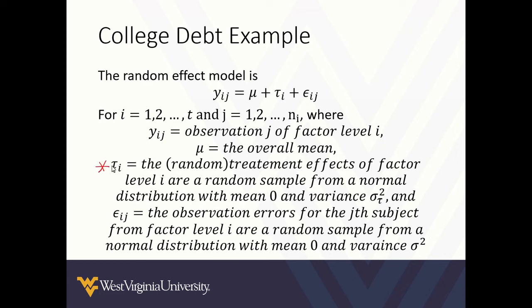So tau i is the random treatment effects of factor level i, which are a random sample from a normal distribution with mean mu and variance sigma tau squared, and our epsilon ij is the observation errors for the jth subject from factor level i, a random sample from a normal distribution with mean 0 and variance sigma squared.